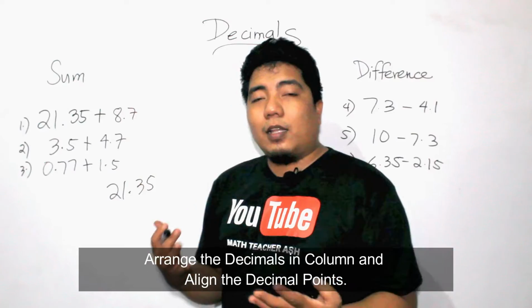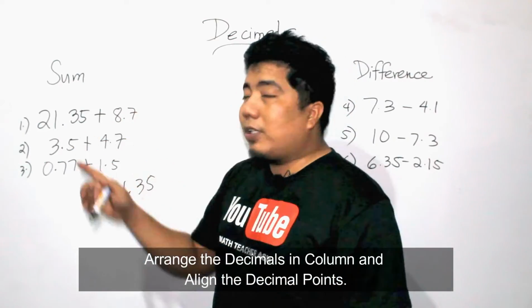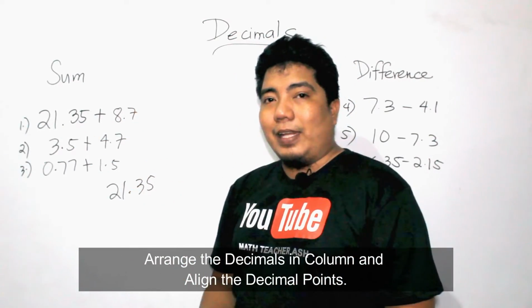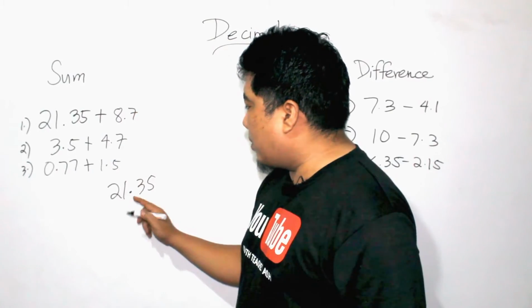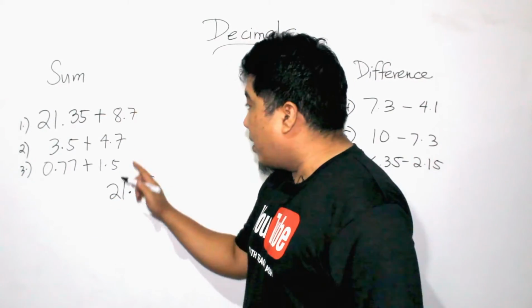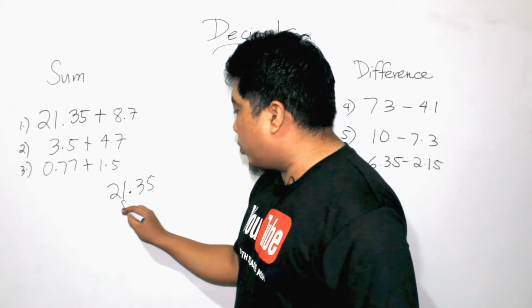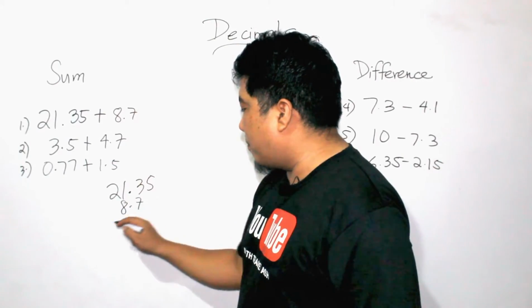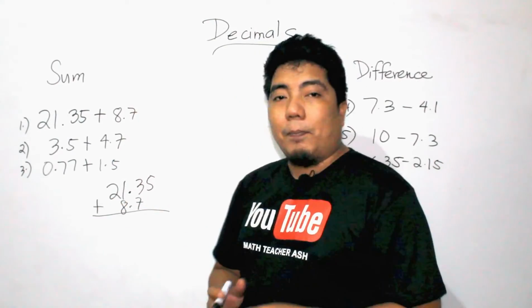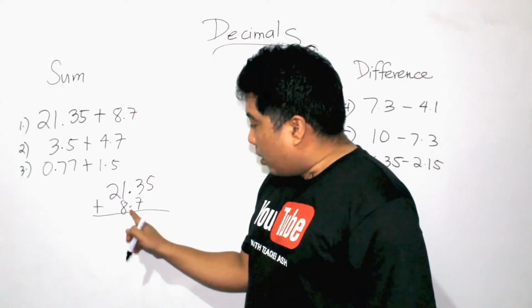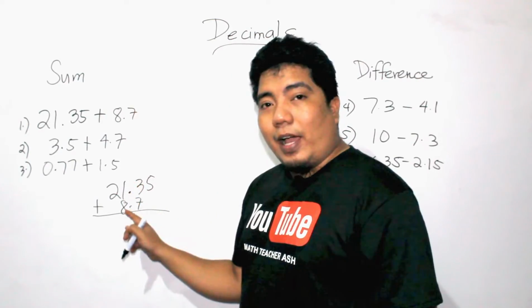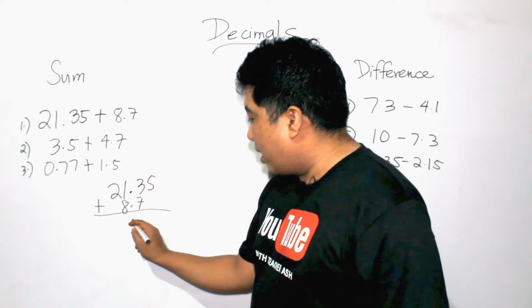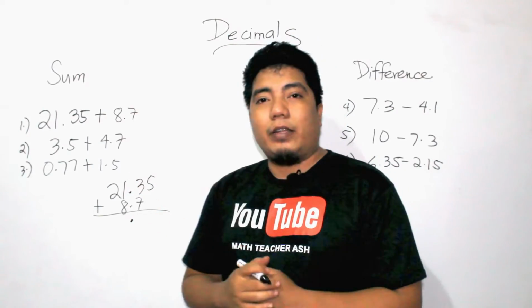In writing it in a column form, remember that your decimals must be aligned. So, since this is our decimal point for the 21.35, for the 8.7, we will just put it here. And then, we add them. When the decimals are aligned, therefore, your final answer has a decimal that is also aligned there.